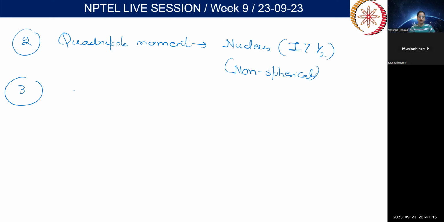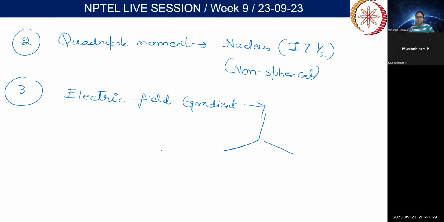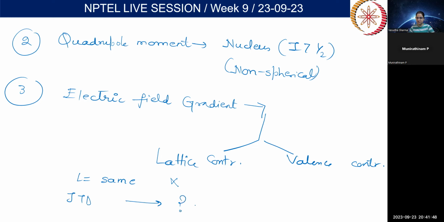The third factor is the electric field gradient, which creates the delta EQ, meaning splitting will happen. That depends upon lattice contribution and valence contribution. If the ligands are all the same, there won't be any lattice contribution. Second, we need to see whether there is any Jahn-Teller distortion or not.